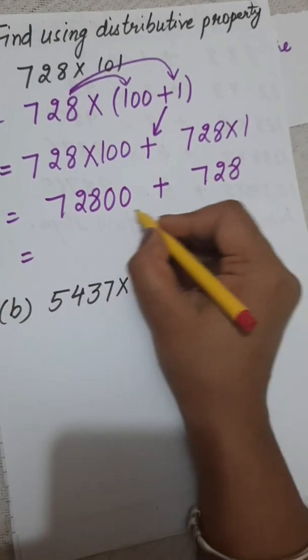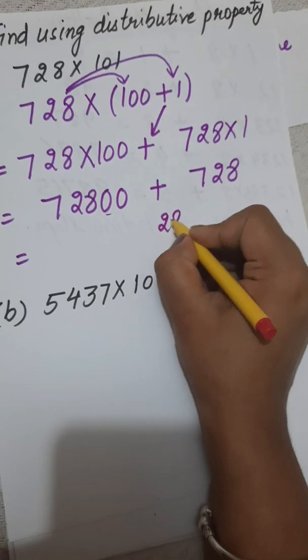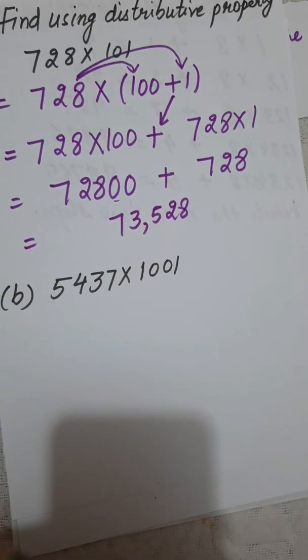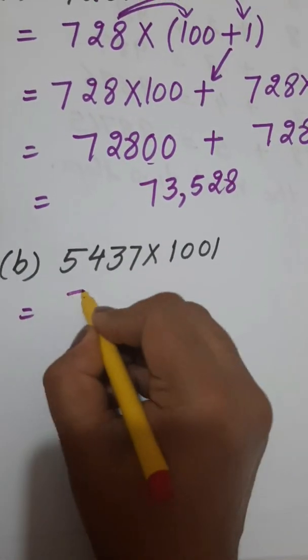If you add both the numbers, I will get 73,528.